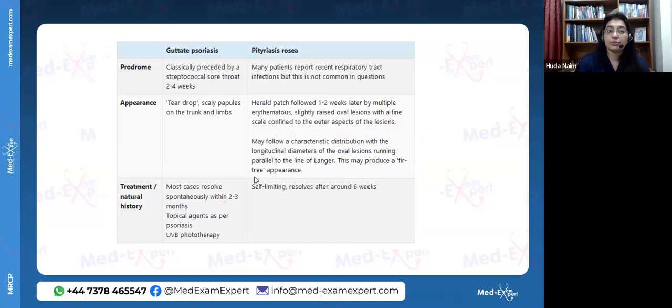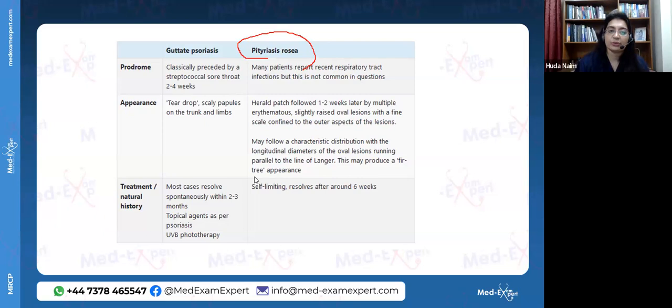So very important to know about guttate psoriasis, and very important to know about pityriasis rosea, and the difference between the two. Usually they ask on the exam the pattern. So guttate psoriasis will have a teardrop-like pattern, but they tell you about a fir tree appearance in pityriasis rosea, and the management options are also very important.